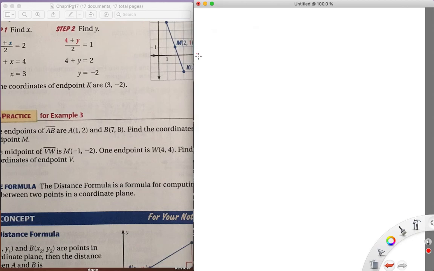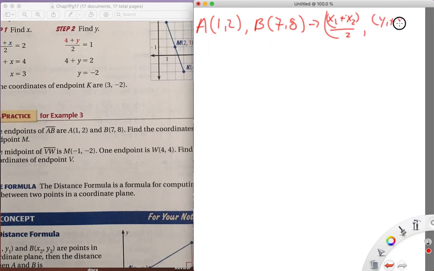So we have point A, which is 1 and 2. We have point B, which is 7 and 8. And the midpoint formula is, just like I wrote earlier, x1 plus x2 over 2, and y1 plus y2 over 2.